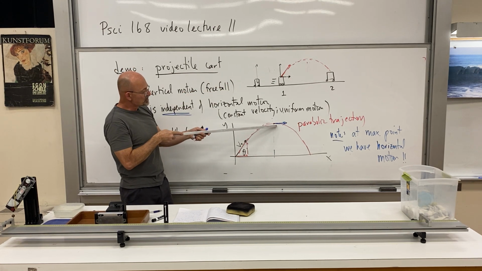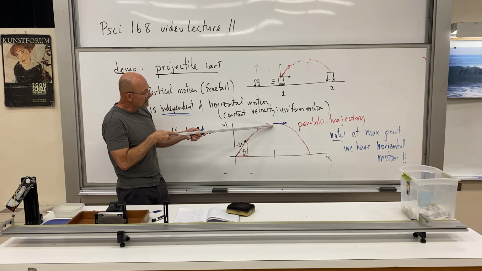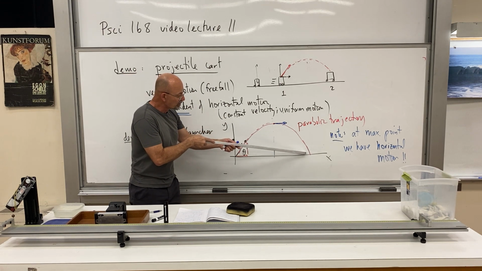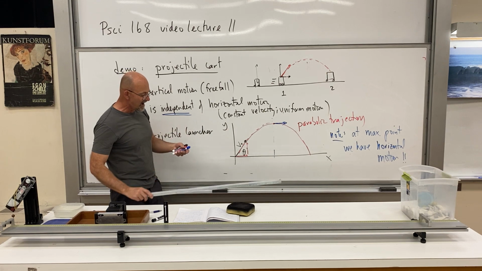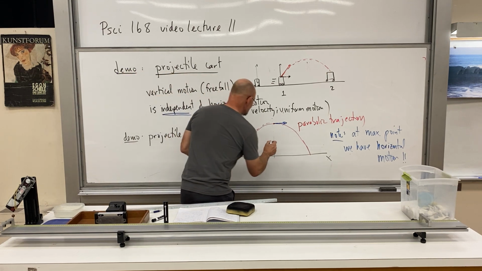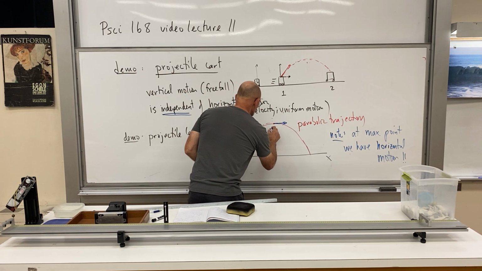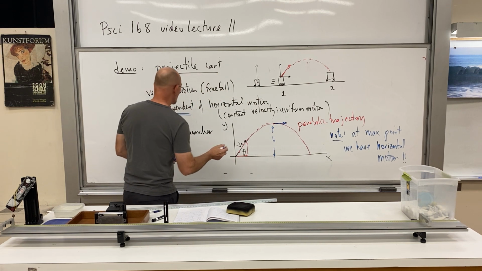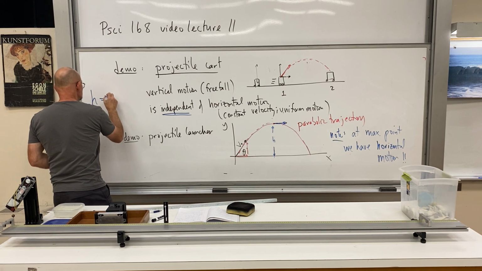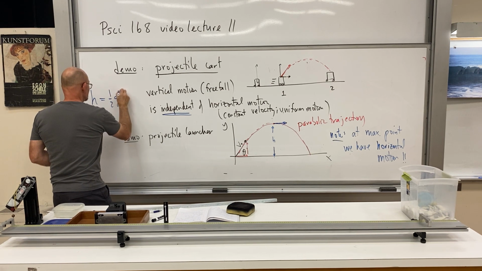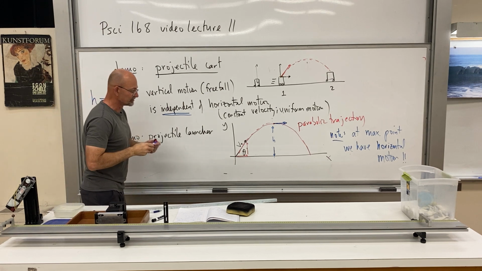Start from the top of the trajectory here, you're moving horizontally, and then you arc down in a parabola. Okay, and this height h here, let's even label this height h, is the same h in our h = 1/2 gt squared.